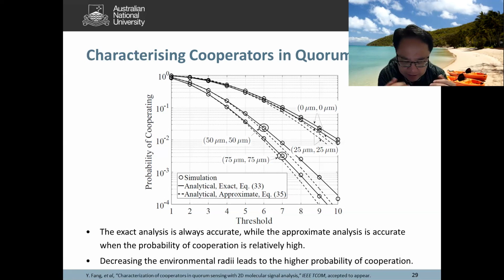For this case, the derived analysis and the simulation will help us to determine the statistics about the likelihood of the bacteria's cooperation. And this will help us to gain further insights into the collaborative bacteria in quorum sensing. So this is a summary of our third work in quorum sensing.